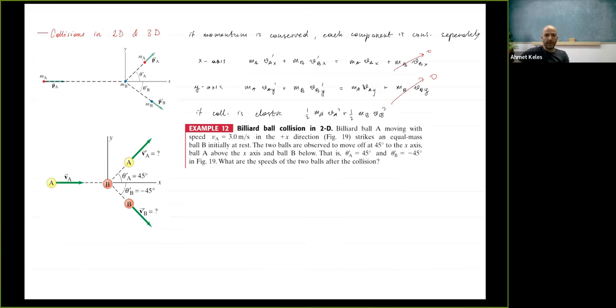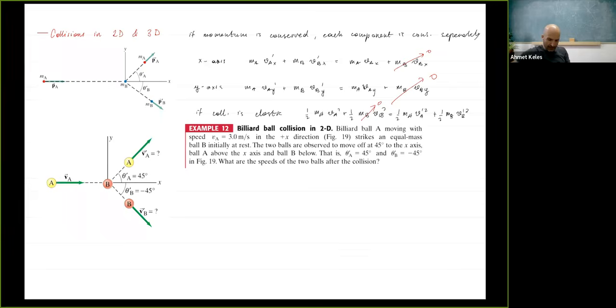We know v squared is a scalar now, and kinetic energy is a scalar, so I didn't put vectors here. This should be equal to 1/2 MA VA prime squared plus 1/2 MB VB prime squared. But we said B is initially at rest, so this is going to be 0 as well. All right.